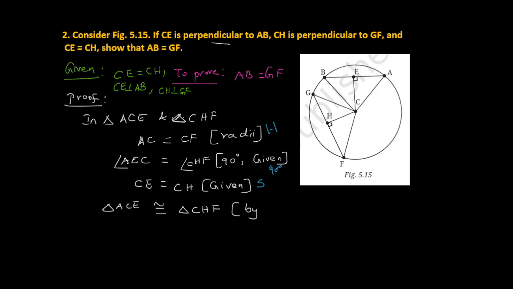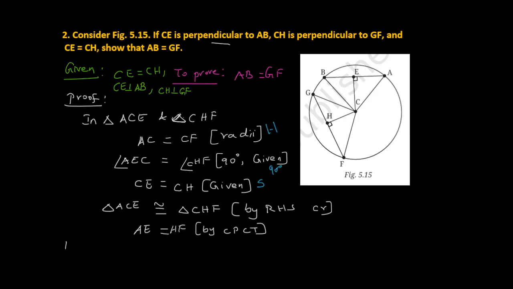So by RHS criteria, both the triangles are congruent to each other. By CPCT, we can say AE is equal to HF by CPCT. Then what about our given condition, that E is the midpoint.